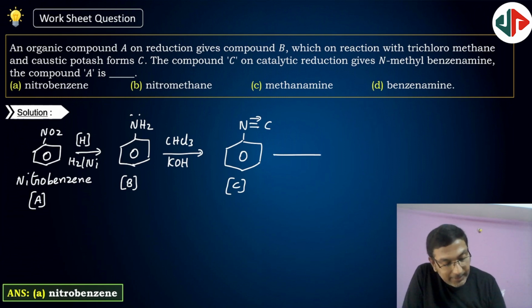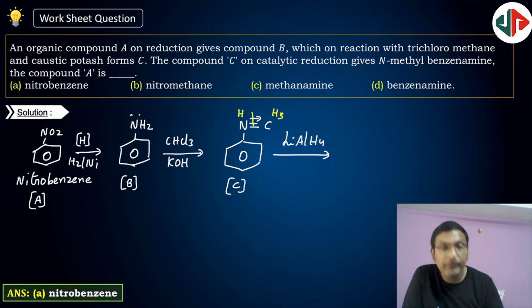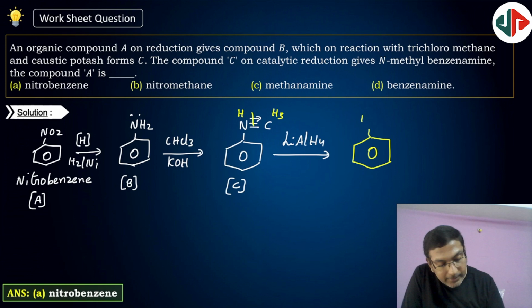Next, on catalytic reduction with LiAlH4, only two bonds dissociate and add H and CH3. So the final compound will be NH CH3.